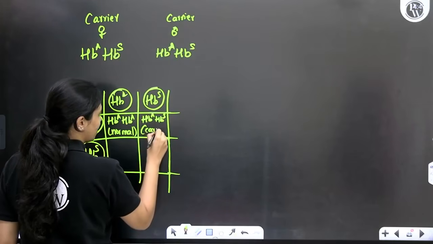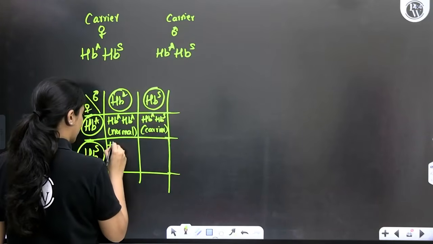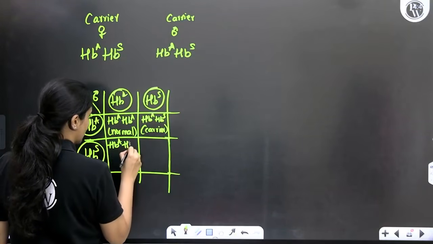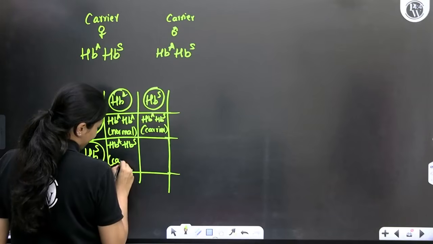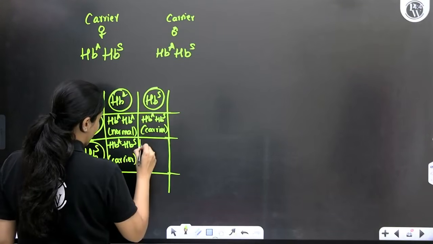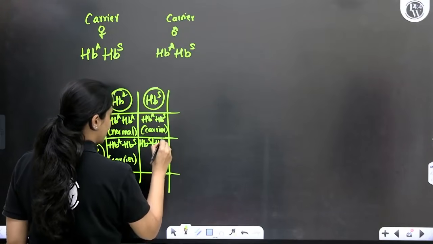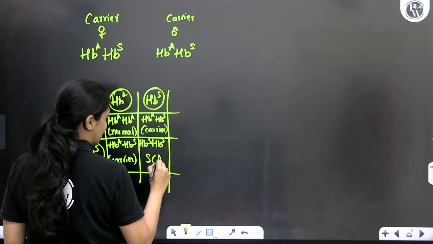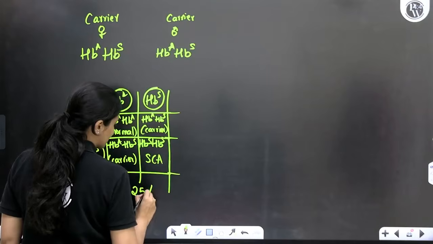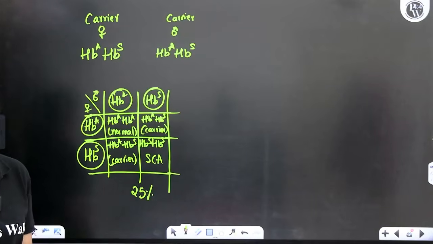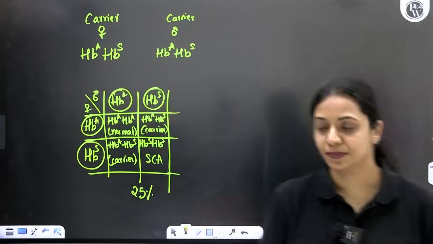This is carrier. You have HbA, HbS, carrier, HbS, HbS. They will have sickle cell anemia. So you have a 25% probability of having children with sickle cell anemia. All right.